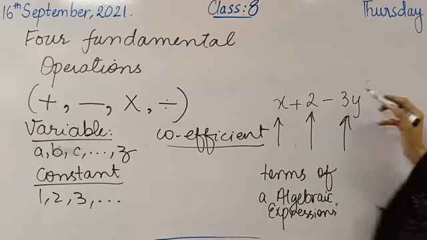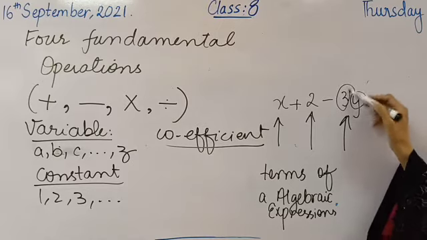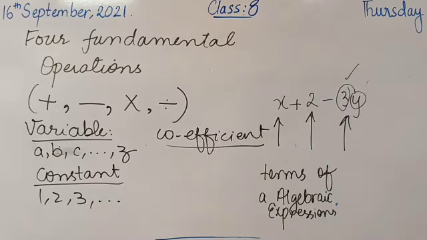The number which is attached to a variable, that number is called a coefficient. If the number is written separately, then this is a constant. But when a number is attached to a variable, then we say this is a coefficient.